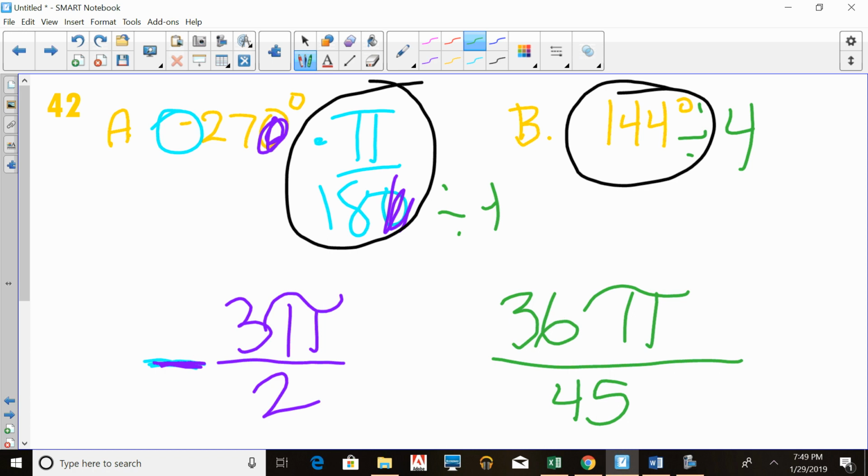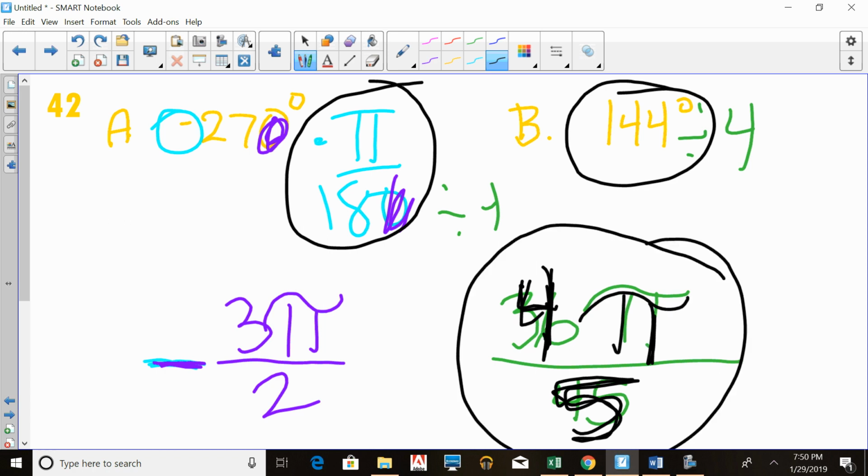Now that can be divided out more, because you can divide each by 9. 9 goes into 36 4 times, and 9 goes into 45 5 times. So I guess we could have taken 144 divided by 36 to begin with, and 180 divided by 36 would have gotten our answer as well. So 4 pi over 5, or 4/5 pi.